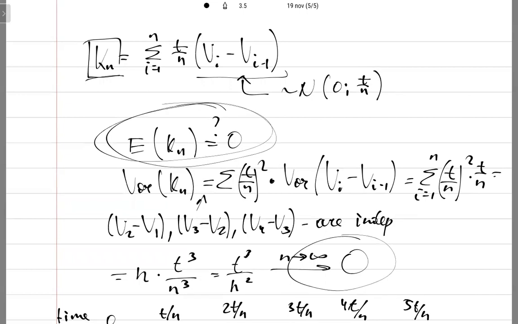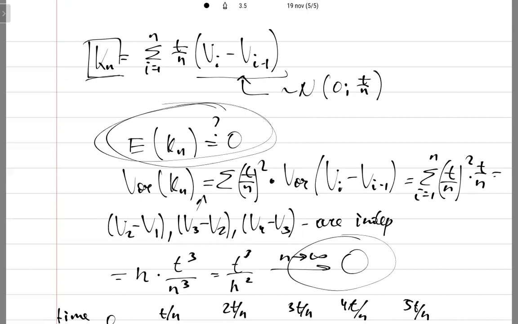Can I please ask a question? Yes. So when we calculated the variance and opened the brackets, why did we put just the variance of Vi? There should also be the variance of Vi minus 1, and we said the covariances would be 0 because of independence, but there shouldn't be two variances. Why two variances?